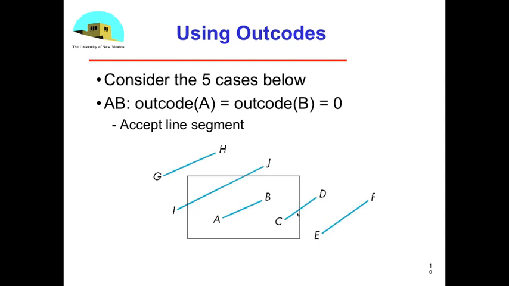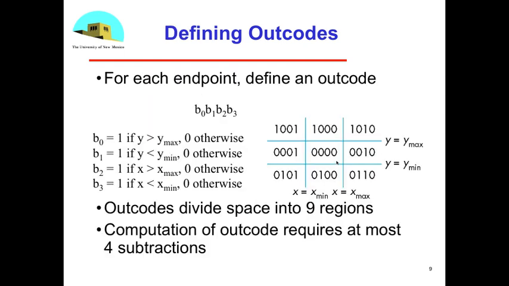And which bit is set will tell me which side I have to intersect with. So if the line segment goes from somewhere in the middle with an outcode of 0 to some place where only 1 bit is set, then I know I need exactly 1 intersection. I intersect with the right. And if 1 is inside and the other outcode has the first bit 1 and the other 3 0, I'm going to intersect with the top of the window.